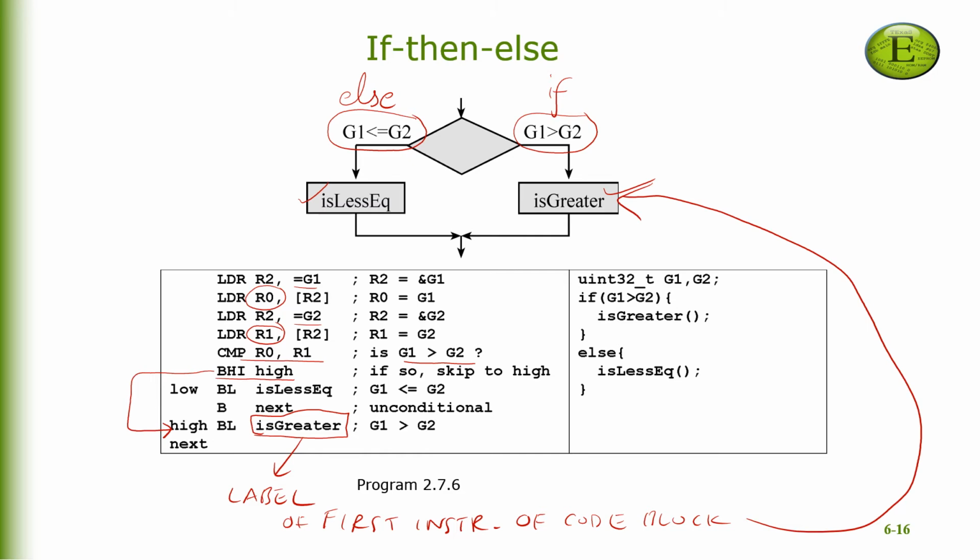And likewise, is less than or equal is the label of the first instruction of the code block is less than or equal. And we don't care what is inside the code block shown by the squares over here. The only purpose was to make sure that we understand how the if-else structure is implemented in the assembly language.